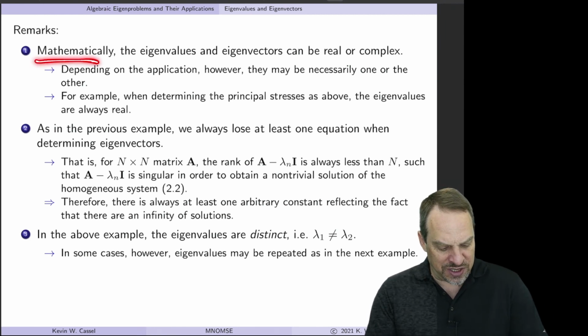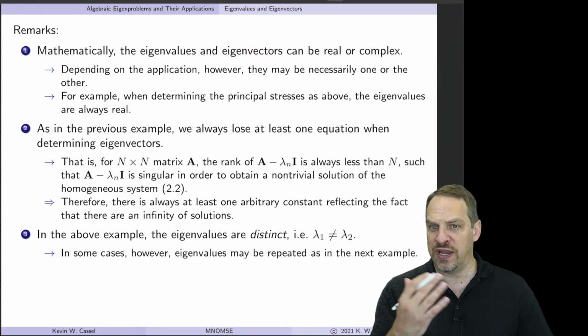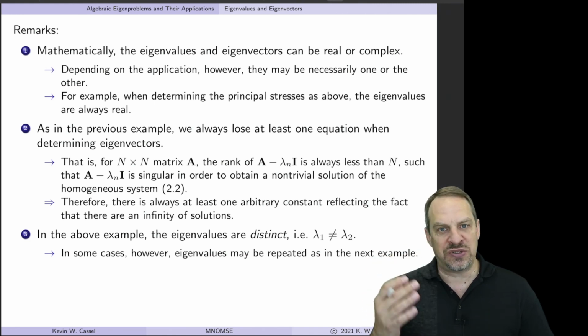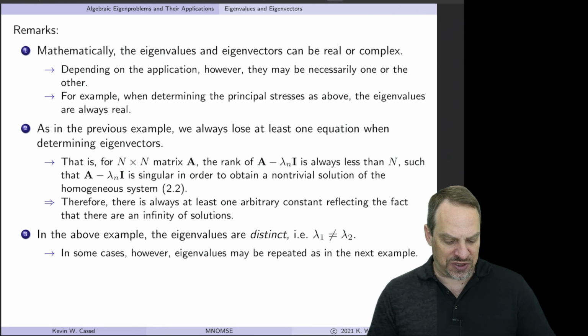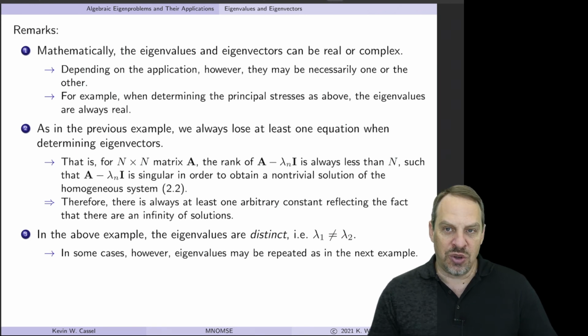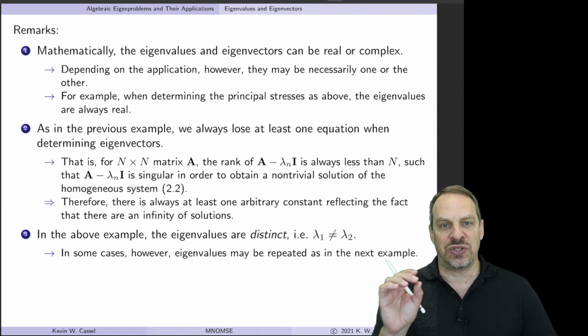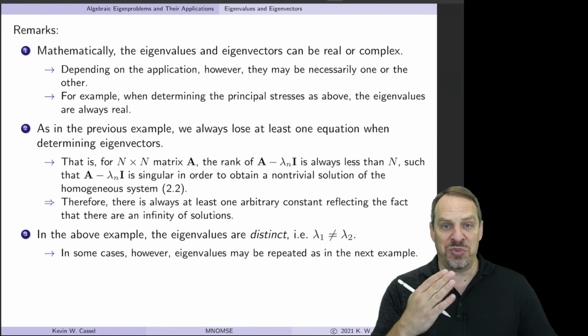So mathematically, there's no reason why these eigenvalues and eigenvectors couldn't be real or complex. They happen to be real in this example. Maybe I just picked nice numbers. Maybe it's inherent to the problem. We'll see. We'll talk about that more at a later time. But in general, just mathematically, there's no reason why the eigenvalues and eigenvectors can't be real or complex. In certain applications, one or the other may be necessary.